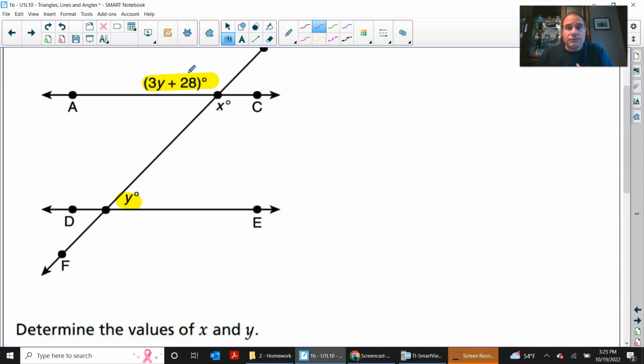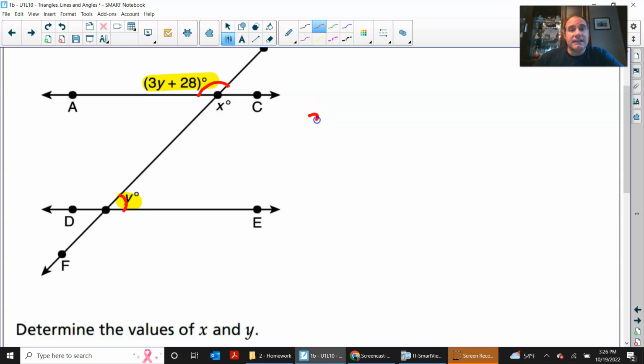Would I set them equal to each other, or are these angles supplementary? Are they equal to 180 if you add them together? These are equal to 180 because this is, again, an obtuse angle, and this is an acute angle. If you have one obtuse and one acute, yes, you set them equal to 180 because they're supplementary angles.